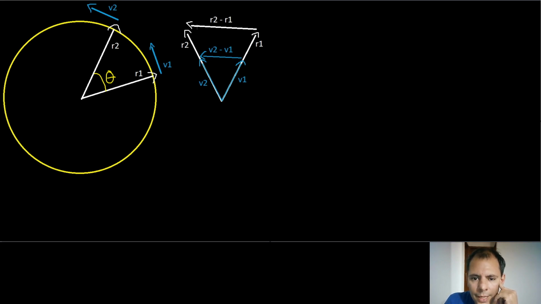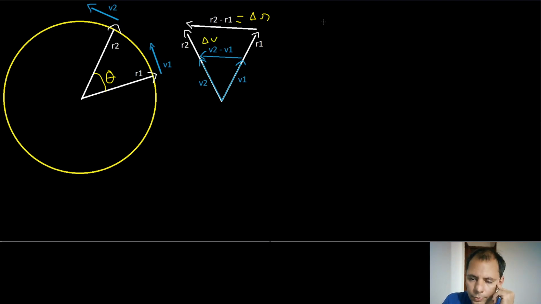So this length divided by this length equals, pay attention to this, this length divided by this length because they're similar. So let's do that. This is delta R and this thing here is delta V.